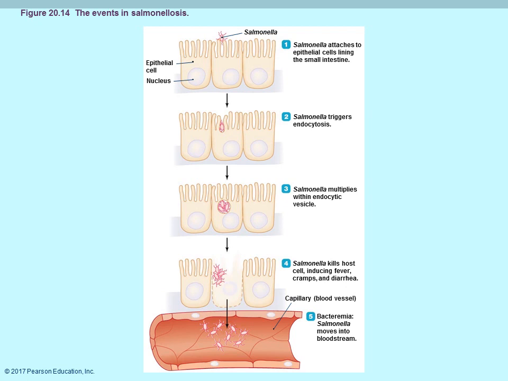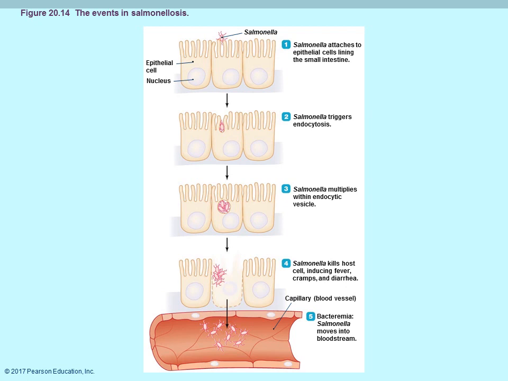What happens then in the small intestines? If the bacteria is able to survive all the way through, the salmonella will attach to the epithelial cells that are lining the small intestines. They are engulfed in the cell. Then they start to multiply in the cell, and then they end up killing that host cell. Once they have killed that host cell, then the bacteria can spread to adjacent cells and start that process over again. That's going to induce fever, cramps, and diarrhea.